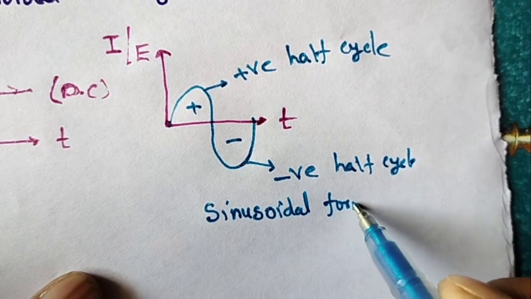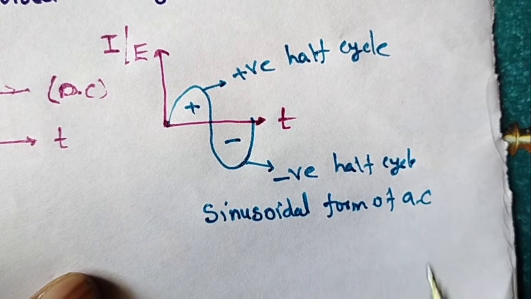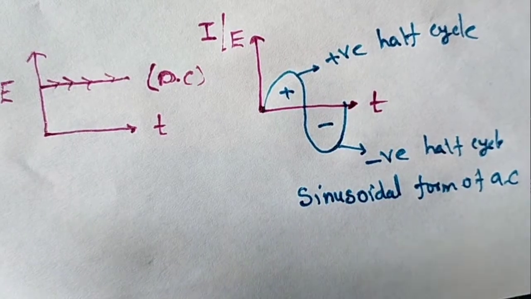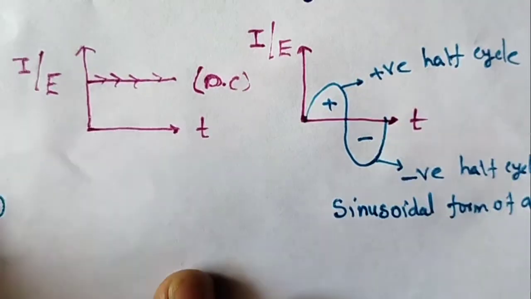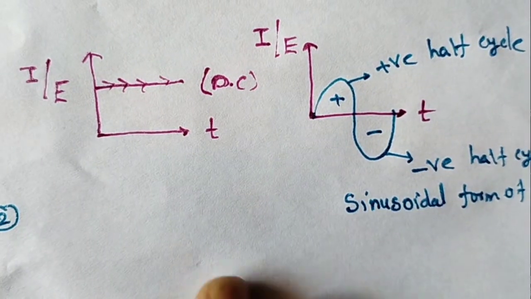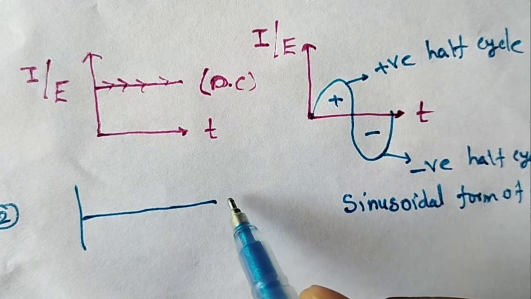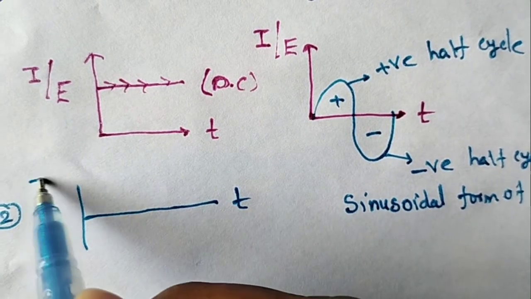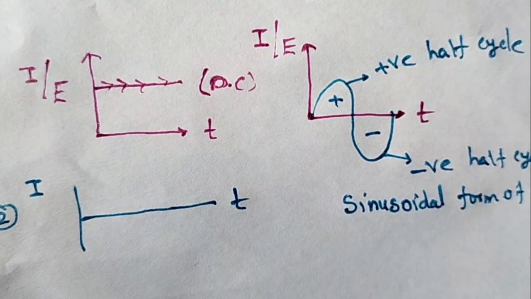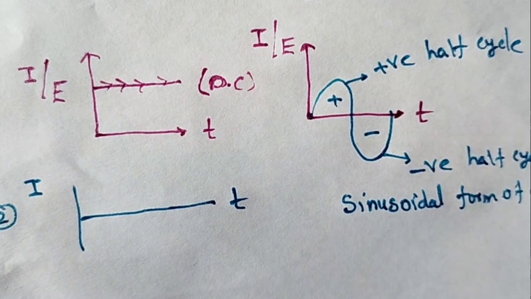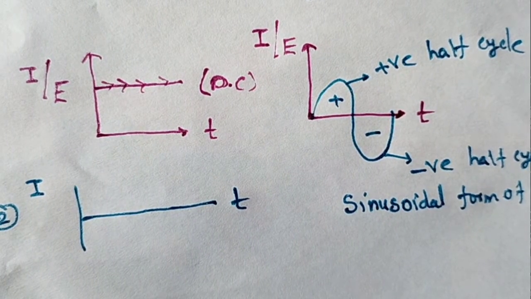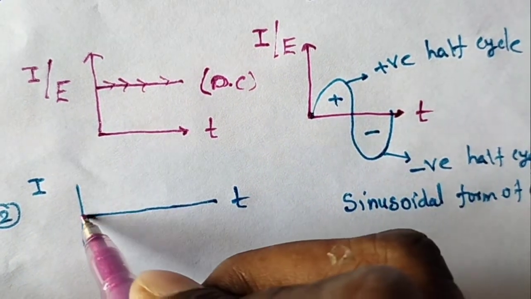Here I am taking the second diagram. So what is that second diagram? This is the same x-axis small t, and this is the current I. It is a very simple diagram.